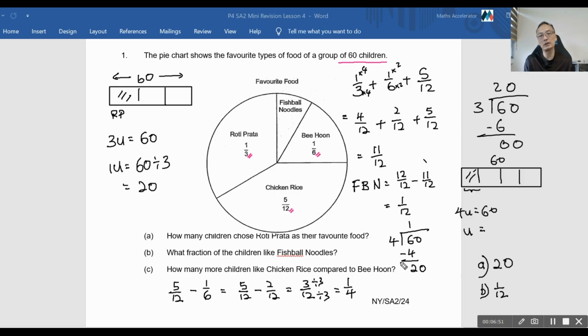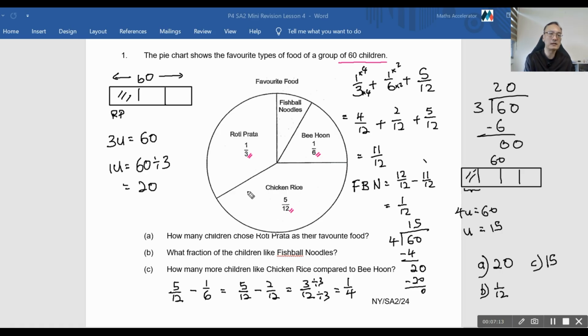Then bring down 0, is 20. 20 is 5 times 4. 5 times 4, 20, minus, left 0. So we will get 15. So therefore, we know that the difference between the children who like chicken rice and bee hoon is 15. So let's write here part C, answer is 15.